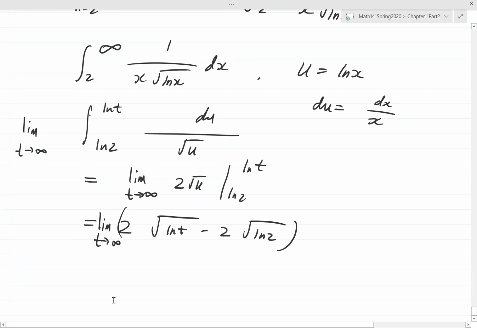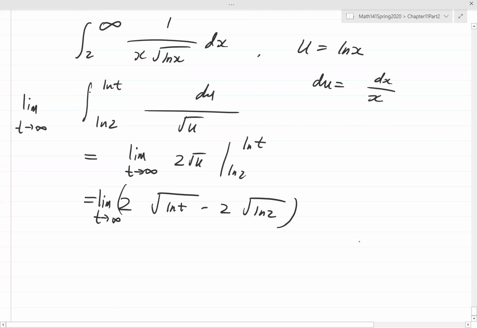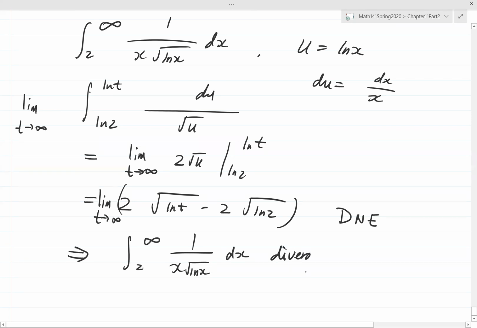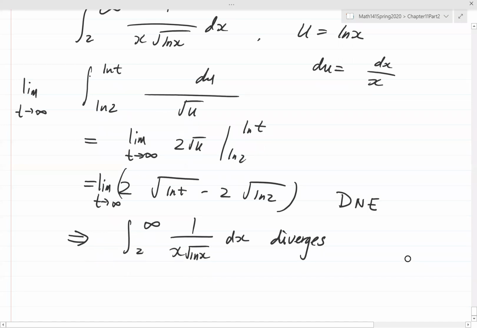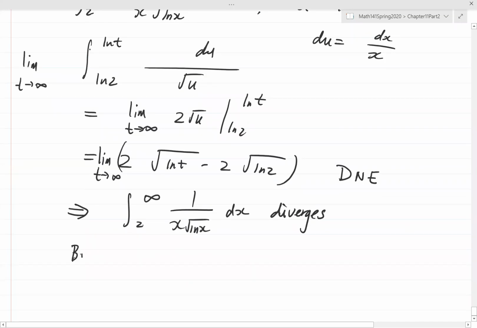So the improper integral diverges. It does not converge to a fixed finite number.